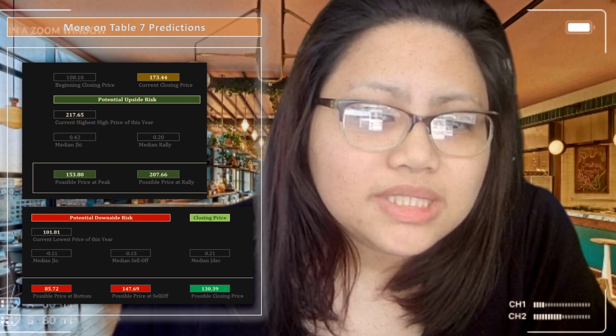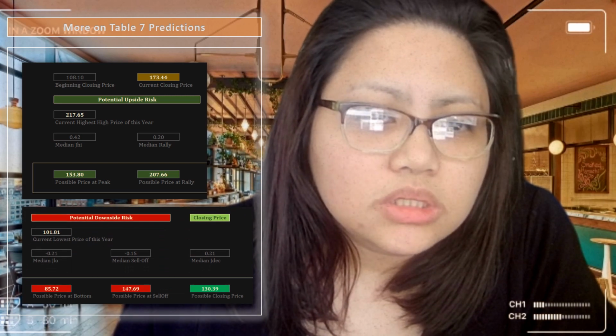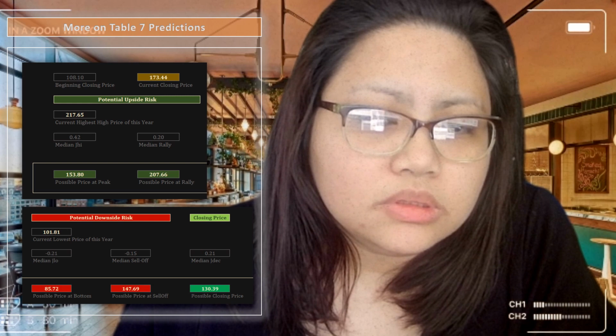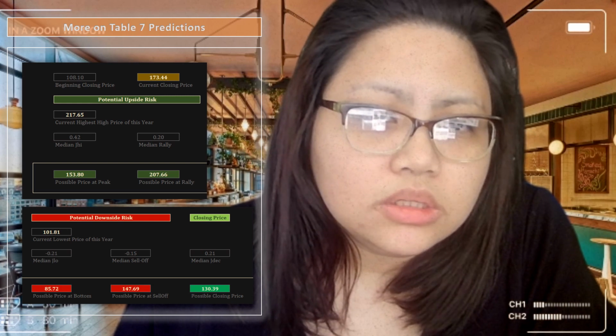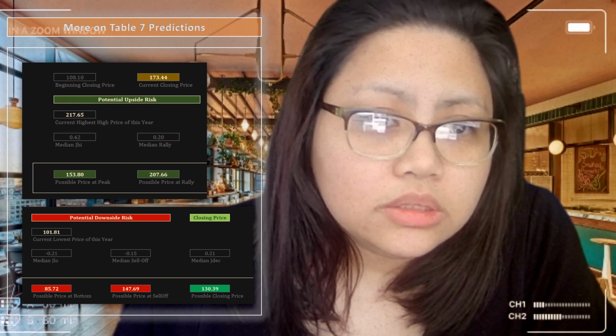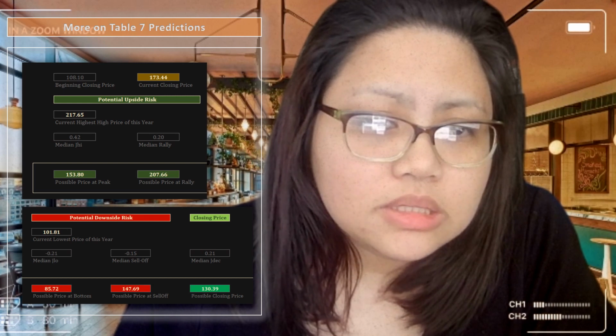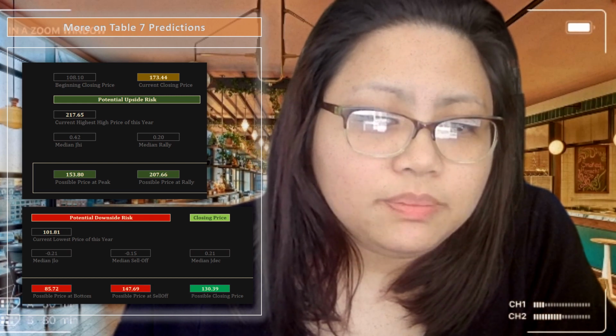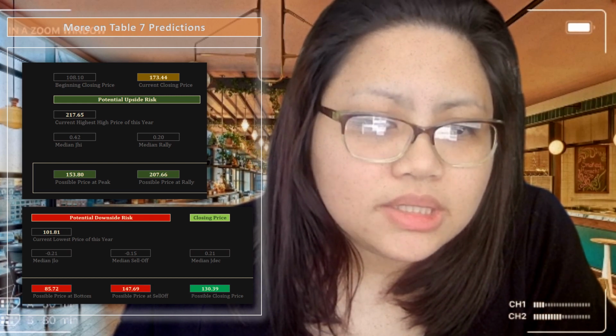So table 7 is our simple prediction based on historical performance. We have, for example, the potential upside risk.